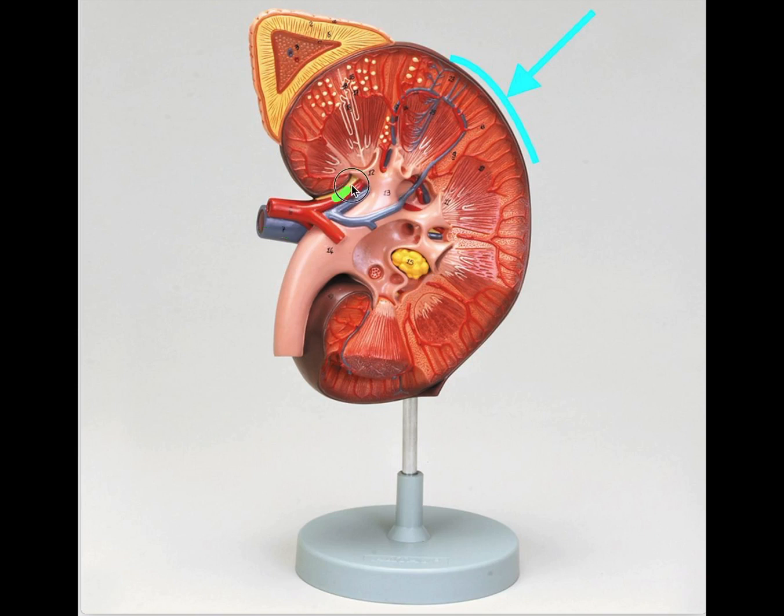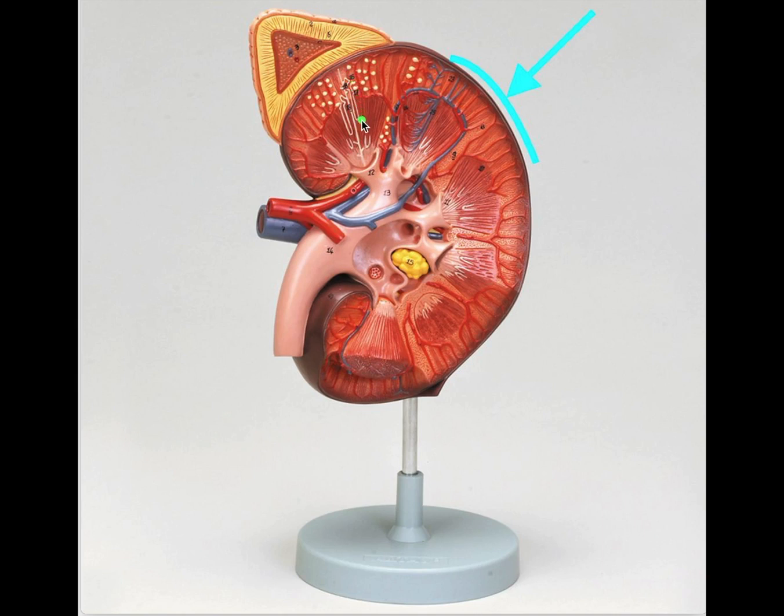You can see the segmental arteries, and then the interlobar, the arcuate, the interlobular. You can see these little white dots here. Those little white dots are glomerular capsules. You can see parts of the nephron here.